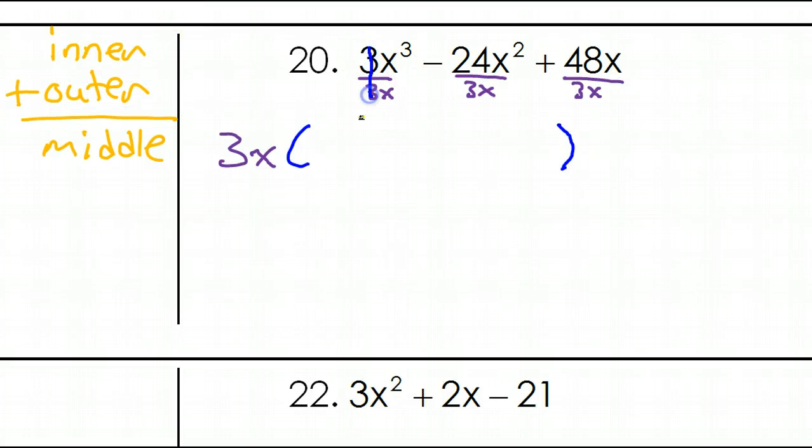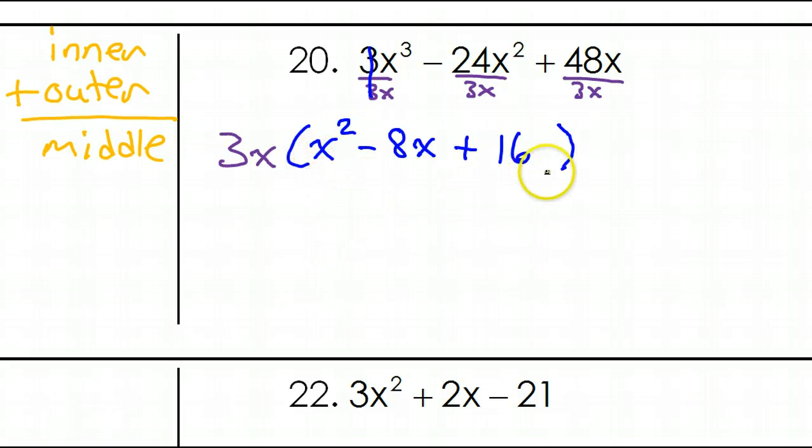These 3's just cancel out. This x is going to cancel out one of these x's and leave x squared. 24 divided by 3 is 8, so minus 8. This x is going to cancel out one of these x's and just leave x. 48 divided by 3 is 16. And these x's are going to cancel out.